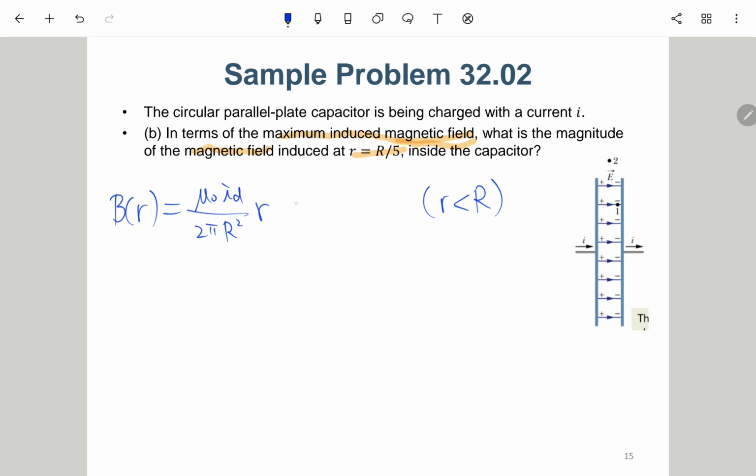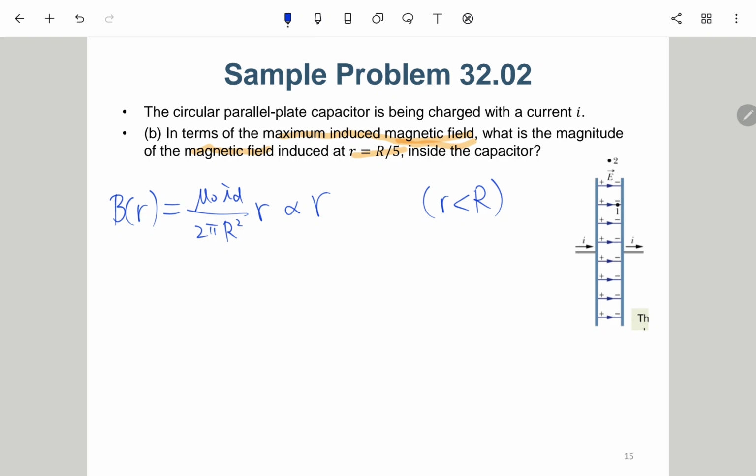So this one is proportional to r, which means B is increasing.